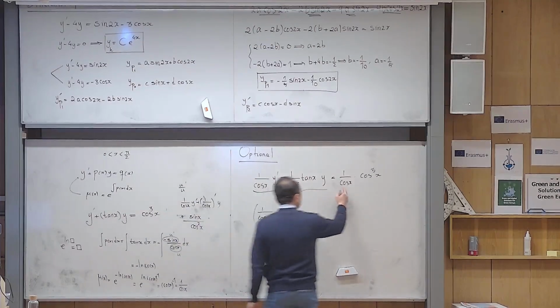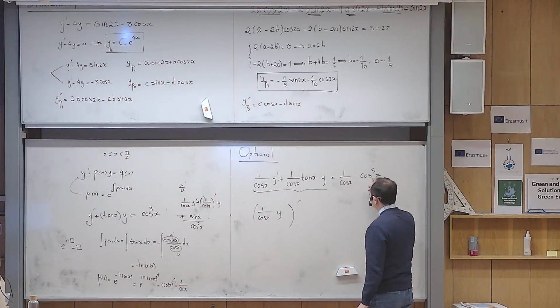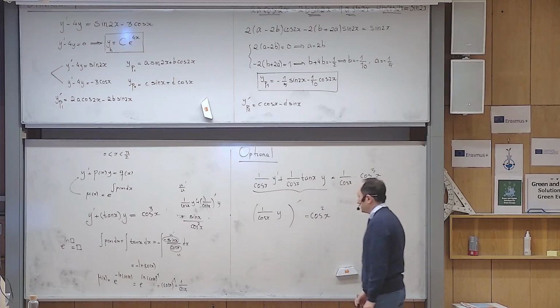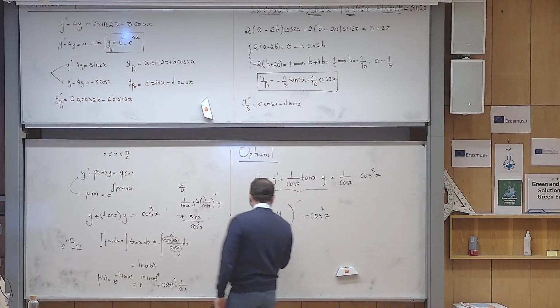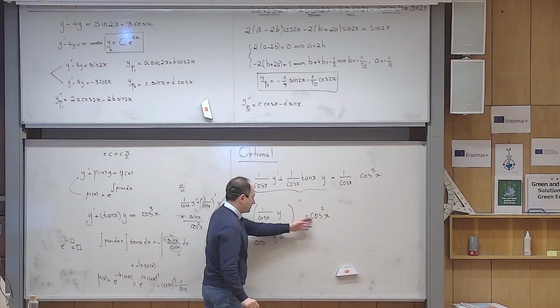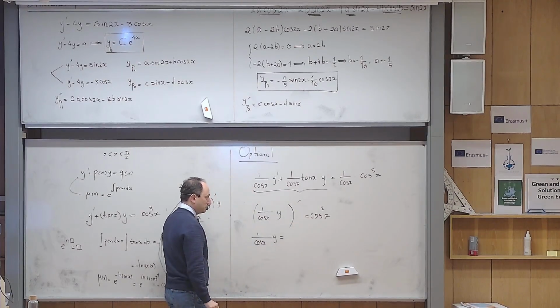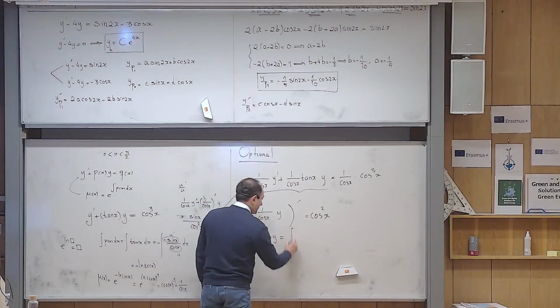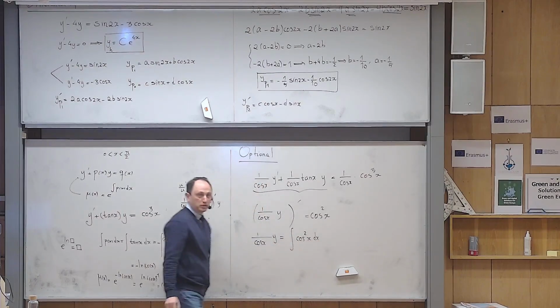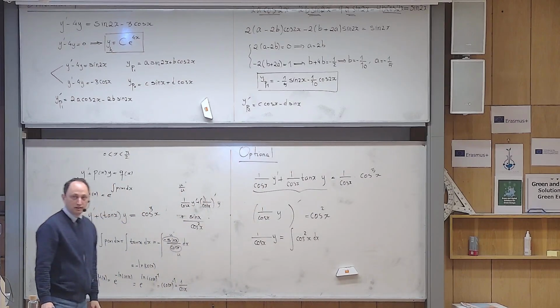But the right-hand side can also be simplified now. It becomes cosine squared x. But then I am looking for this combination. So 1 over cosine x. I don't know how many of you remember how to, because you had the exam, just think back, yes? You need to calculate the integral of that. Do you remember how to do it in Math 4?